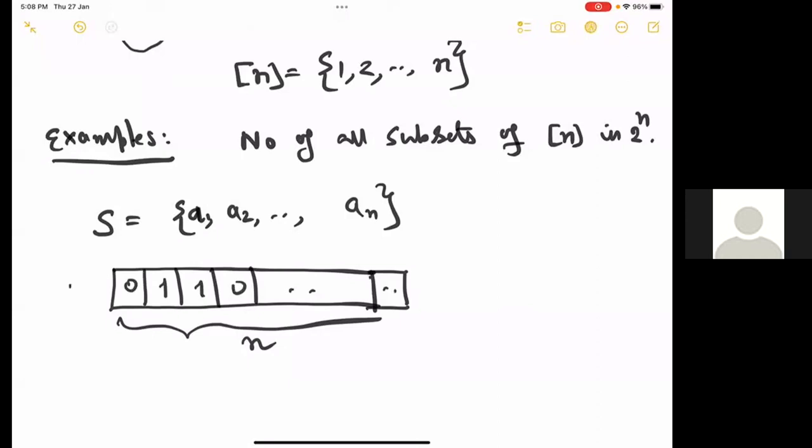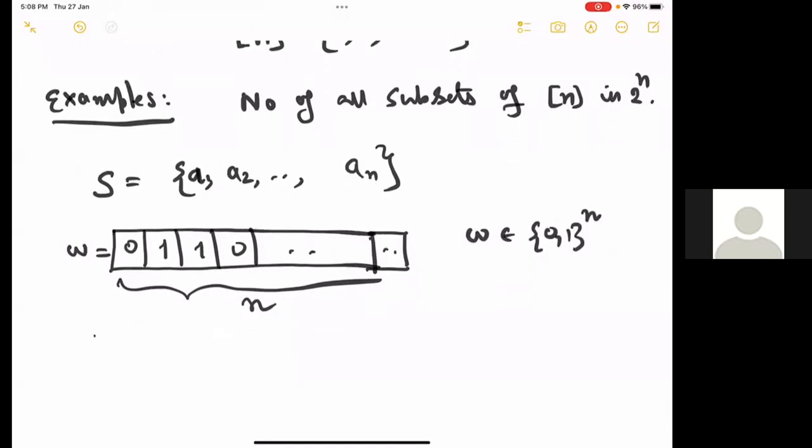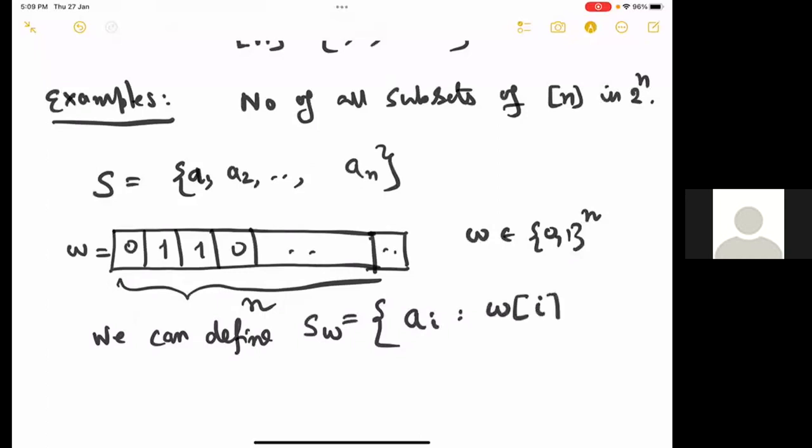So if I give you this kind of a string, this string is a member of {0,1}^n, and once I give you this w, you can define a set S_w associated with w. It's very simple. S_w is the set of a_i such that the i-th entry of the string w is 1. Okay, so w is really the characteristic vector of the set S_w.